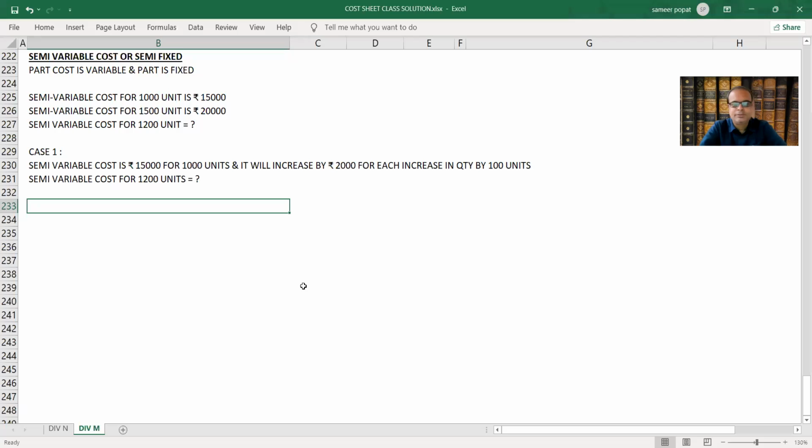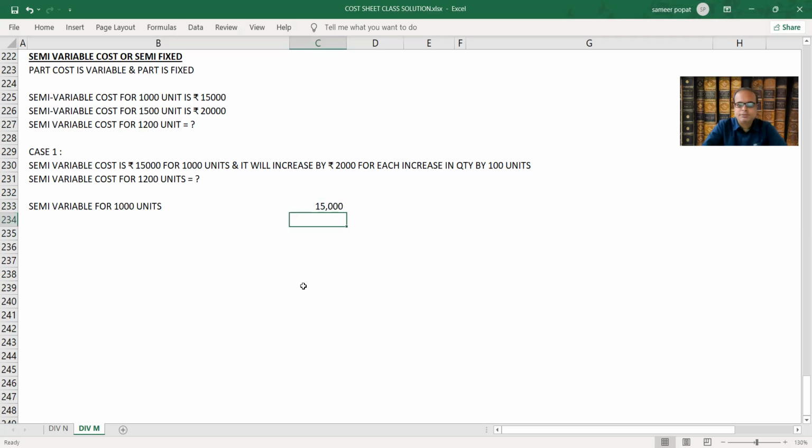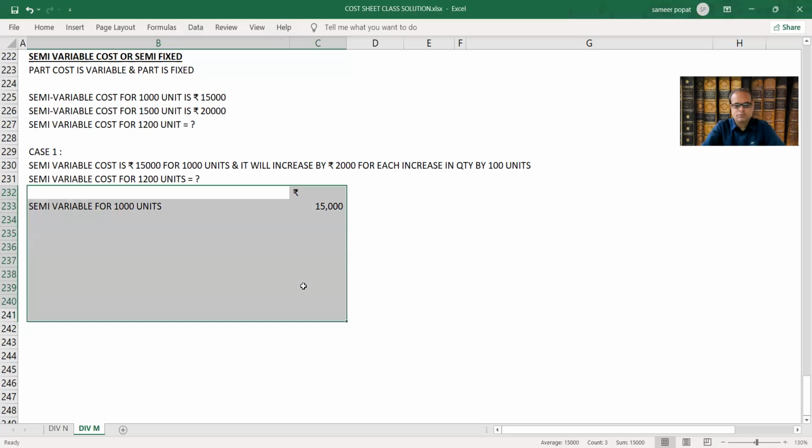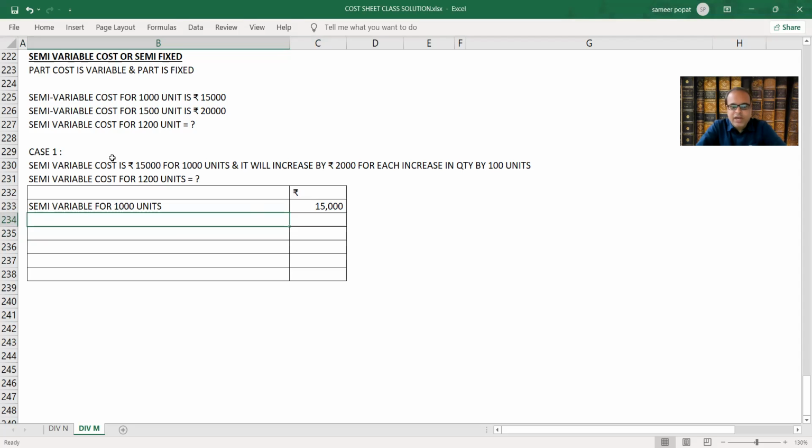Okay, so here using the information, we need to find cost for 1200 units. So let us start. Semi-variable for 1000 units is 15,000. Now we need to find cost for 1200 units. So each 100 will increase twice to get 1200 units. From 1000, if we add 100 and 100, two times, we'll get 1200.